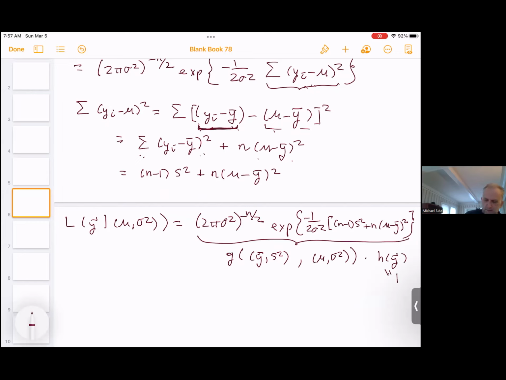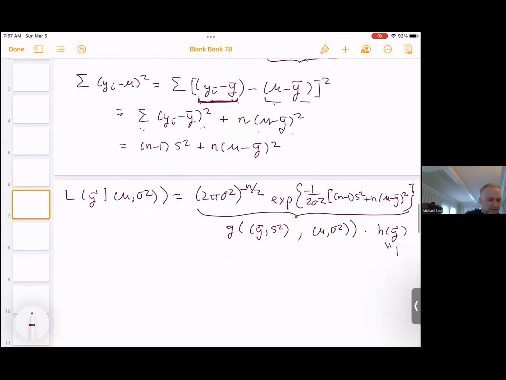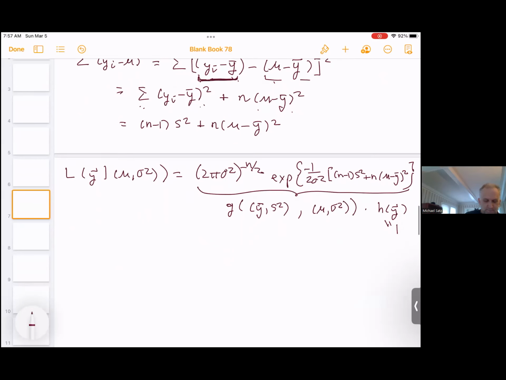So the factorization criterion holds here, and we're done. So by FC, now I go to capitals, T is sufficient.